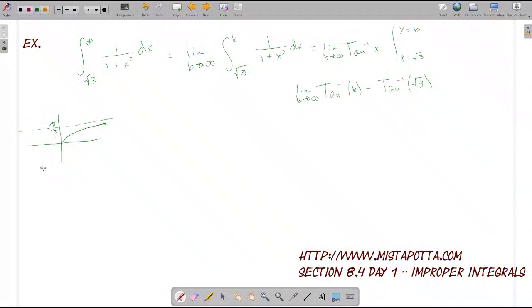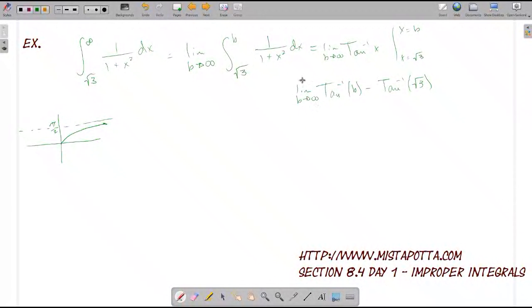I know that the tangent of pi over 2 was undefined, but if I looked at it as x approached pi over 2 from the left, I end up getting infinity.